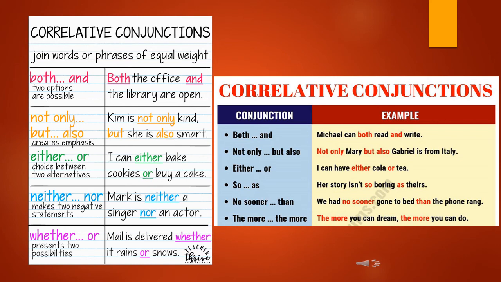So he is confused whether he seemed undecided whether to leave or to stay. And the other example is mail is delivered whether it rains or snows. So these are the correlative conjunctions which are always used together.